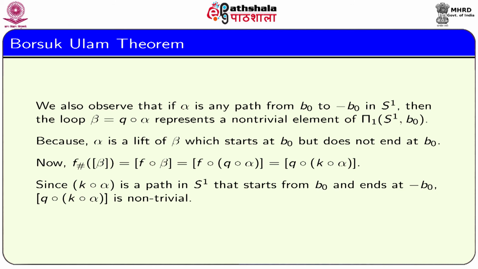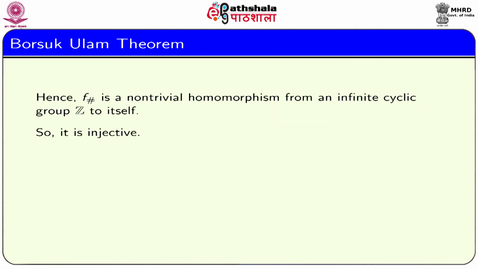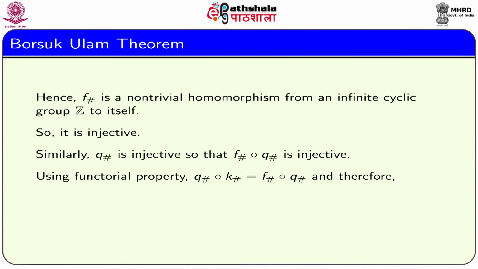Since k composed alpha is a path in S1 that starts from B0 and ends at minus B0, class q composed k composed alpha is non-trivial. Hence, f sharp is a non-trivial homomorphism from an infinite cyclic group Z to itself. So, it is injective. Similarly, q sharp is injective, so that f sharp composed q sharp is injective.